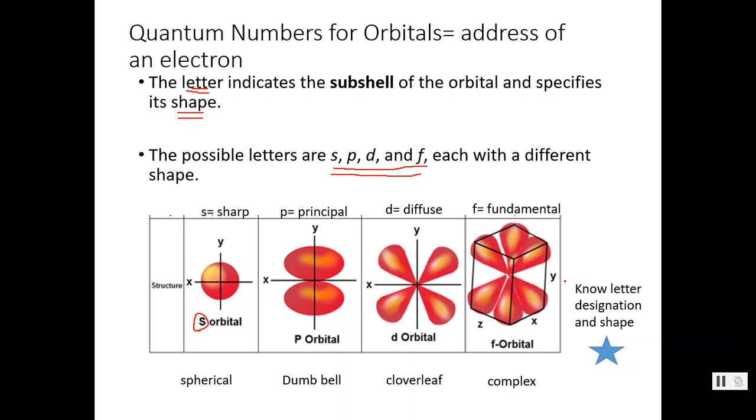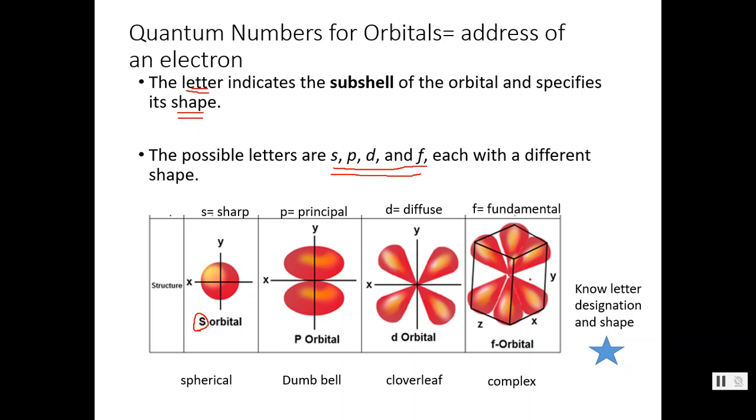Obviously we're not going to be deriving these, but what you do need to know is that the letter portion of an electron's address is either S, P, D, or F. That letter corresponds to an orbital, to a region of space that has a particular shape, be it spherical, dumbbell, cloverleaf, or very, very complex.